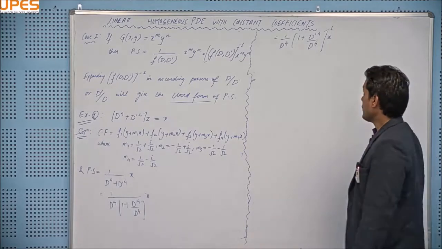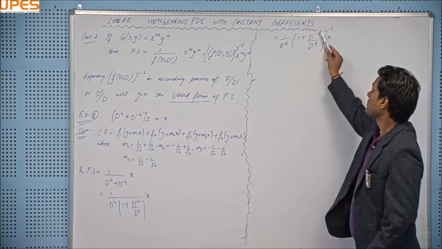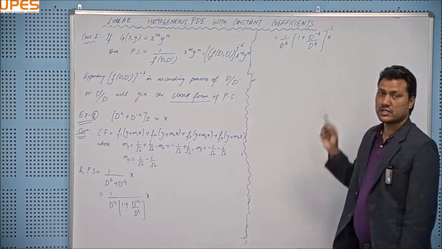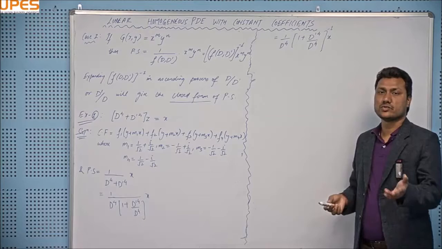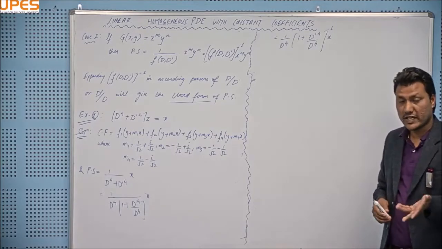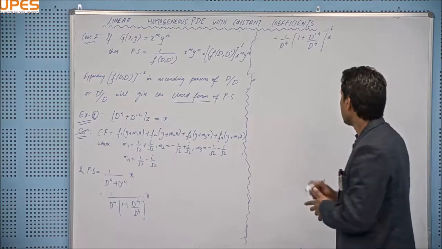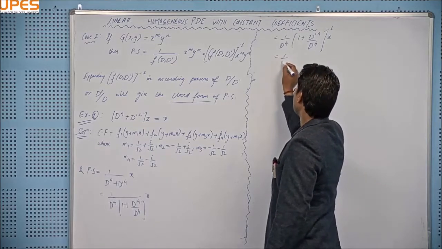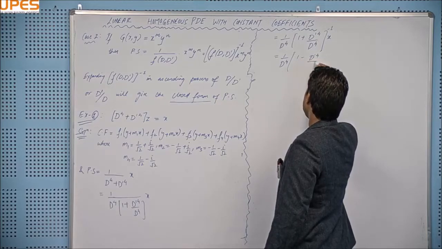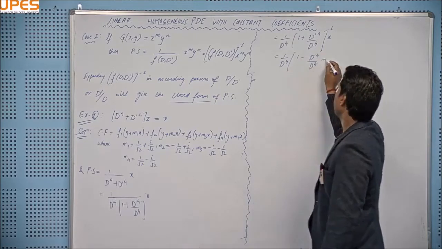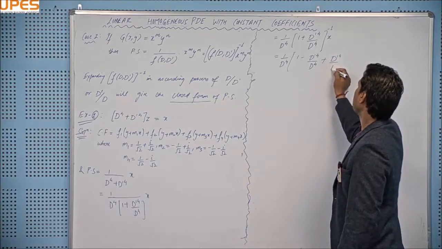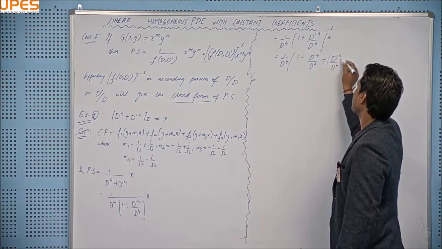Now you should remember the formula of (1 + z) to the power minus 1, let it be z. That formula is 1 - z + z^2 - z^3, meaning the power of z goes on increasing and the sign fluctuates, plus minus plus minus. Then 1 upon D^4 times (1 - z, and then plus the square of this term, that will be (D'^4/D^4) whole square, right?